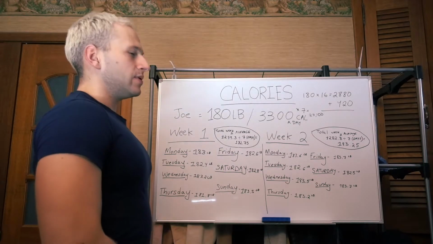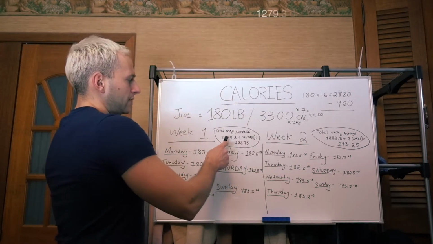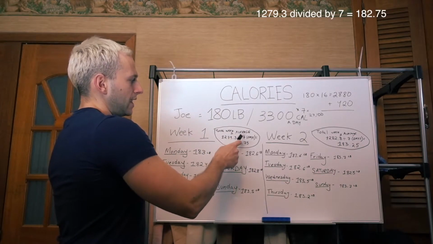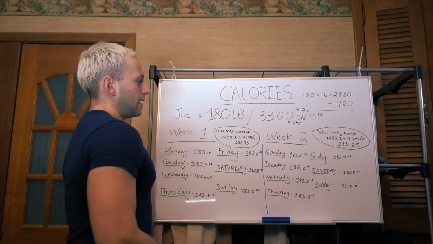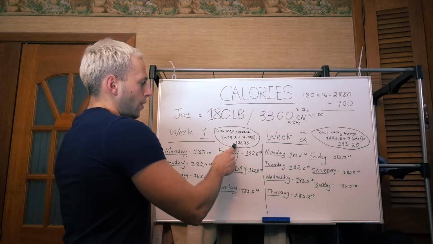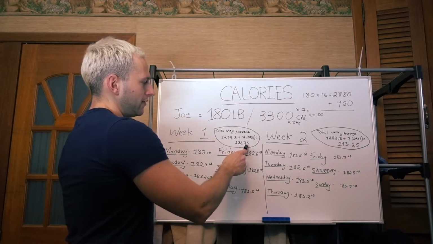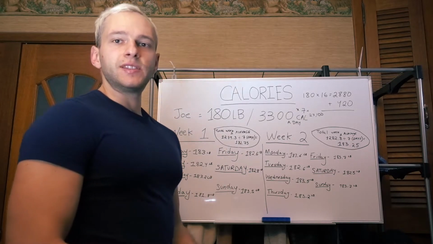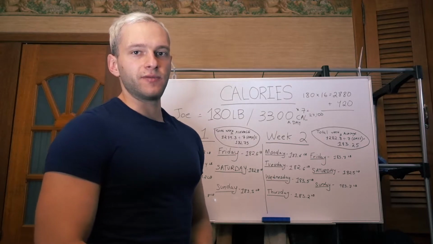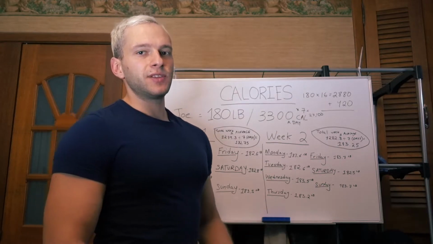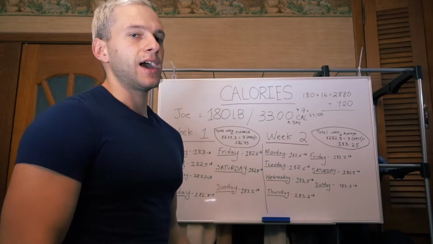So what he's going to do is take 1,279.3 and divide it by the 7 days to find his weekly average. And it's going to equal 182.75 pounds, which means that Joe's weigh-in for the week was 182.75 pounds. So that's basically the most accurate weigh-in that you can have.